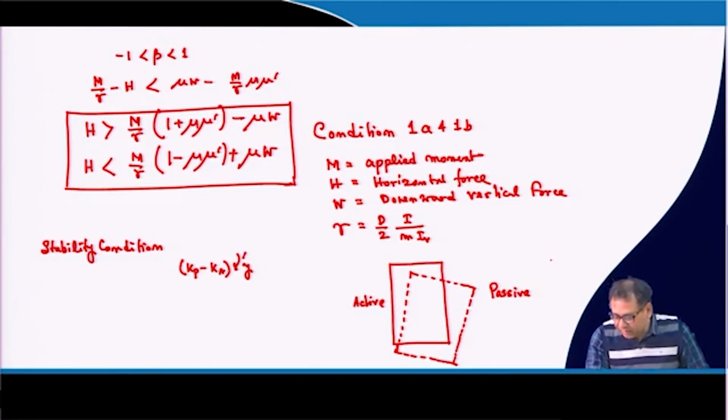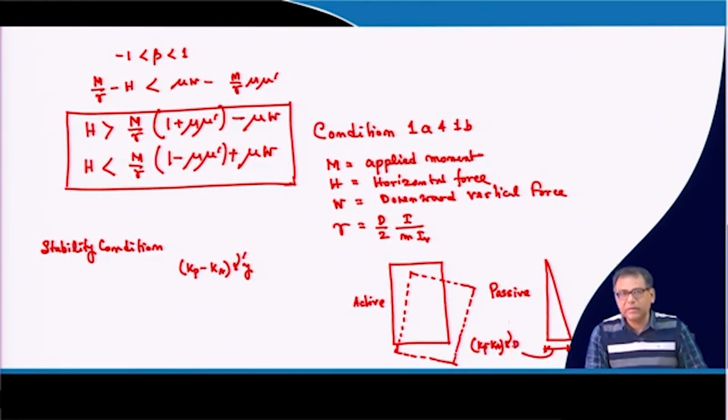So, if I draw the net pressure diagram, it will be something like this, and this value will be equal to (Kp minus Ka) into gamma, into d, where gamma dash means the effective unit weight. So, this will be the net pressure diagram.